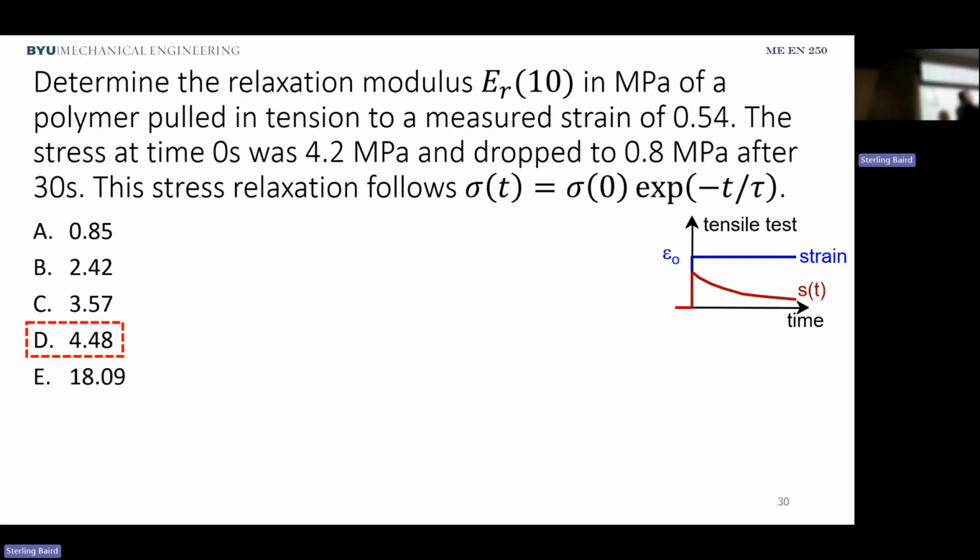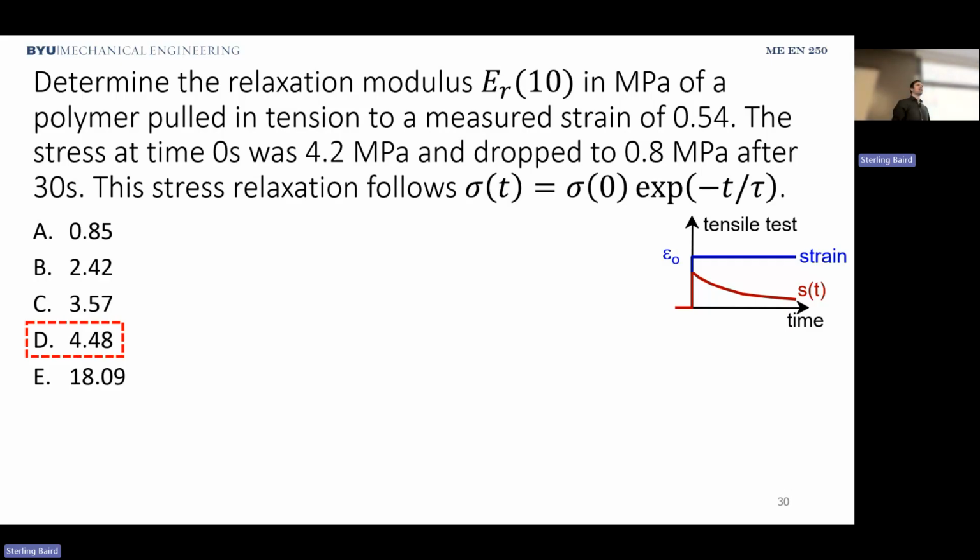Okay, then what do we get for tau? 18.09. Okay, 18.09.